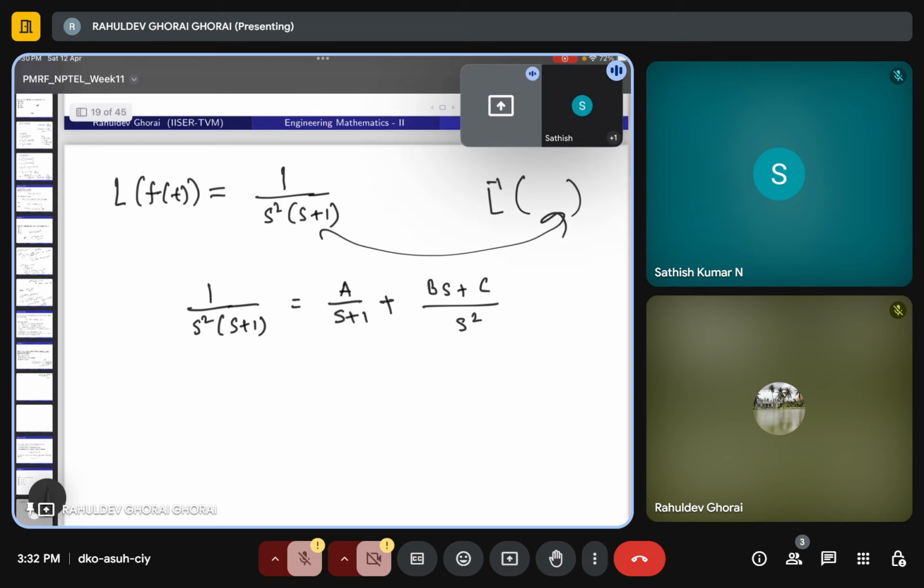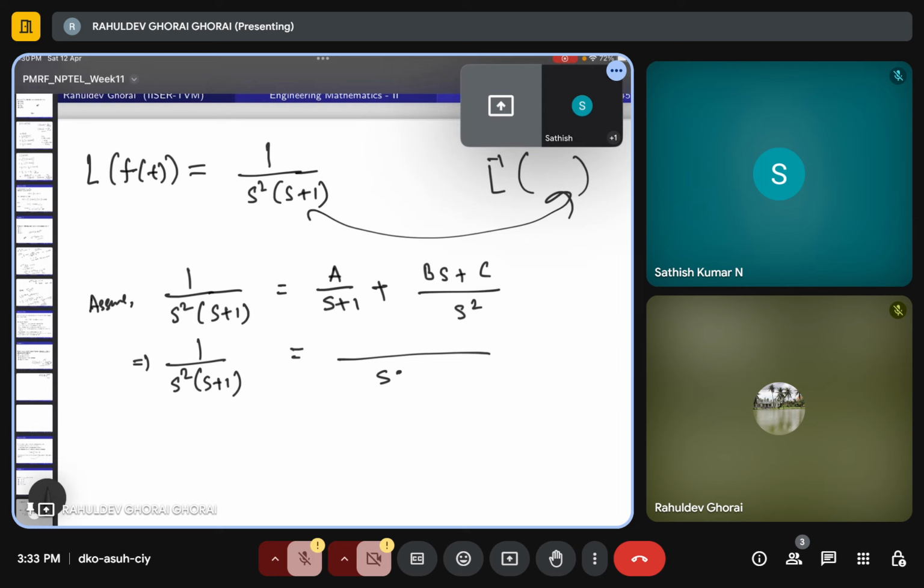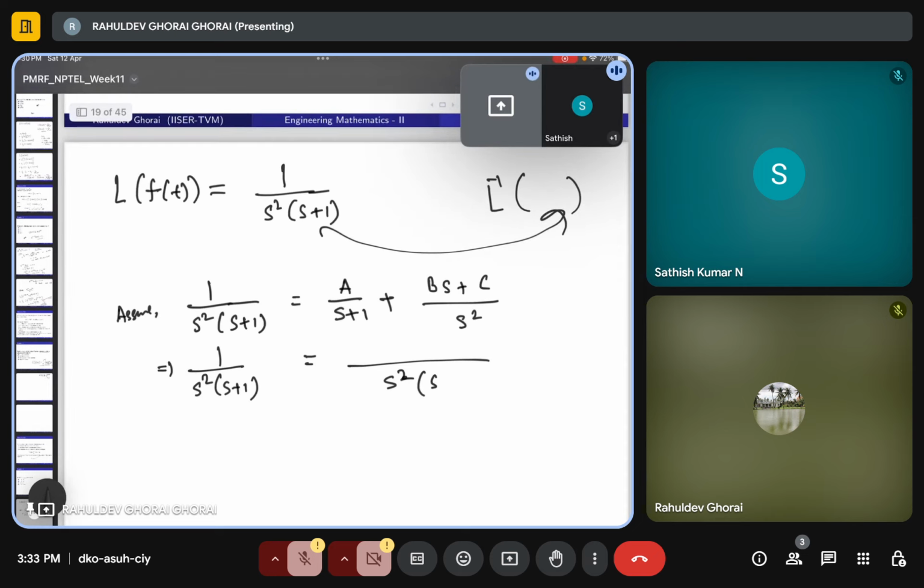Then I will try to compare these two. To compare, first I assume this, then 1 over s squared times s plus 1 can be written as a times s square plus b times s times s plus 1 plus c times s plus 1.